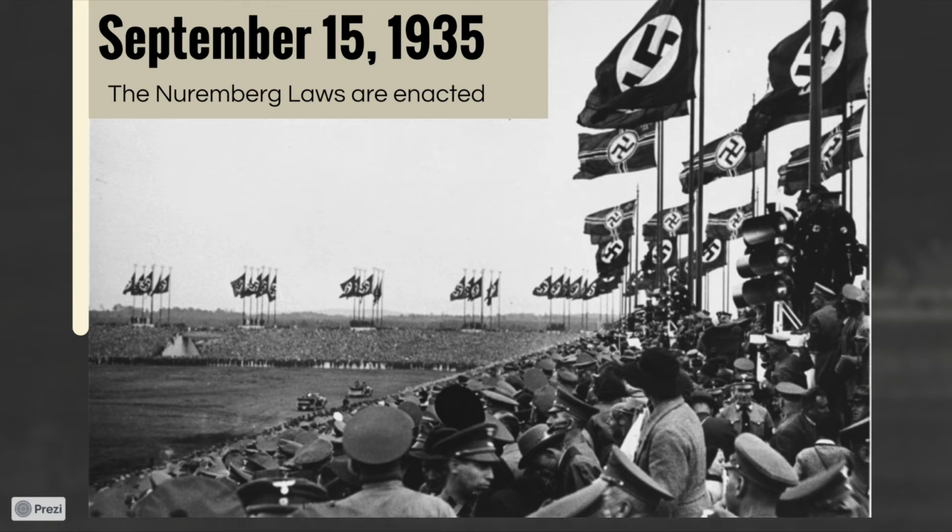And then on September 15th, 1935, the Nuremberg laws are enacted. This is a picture of the Nuremberg rally. You can see all of his supporters, you can see the swastika flag, right? And in this same year, in the United States, there was a case involving the SS Bremen, a German ocean liner, one of the best in the world at the time.